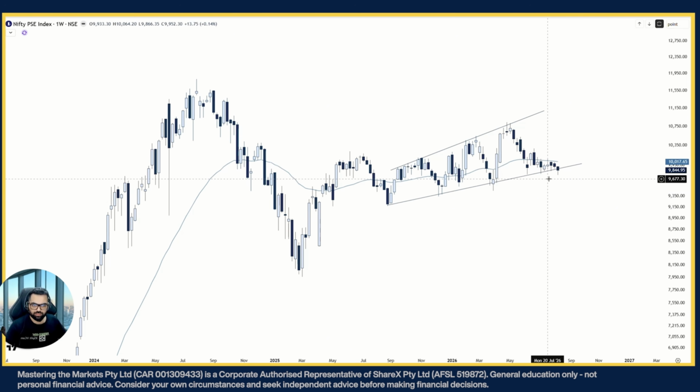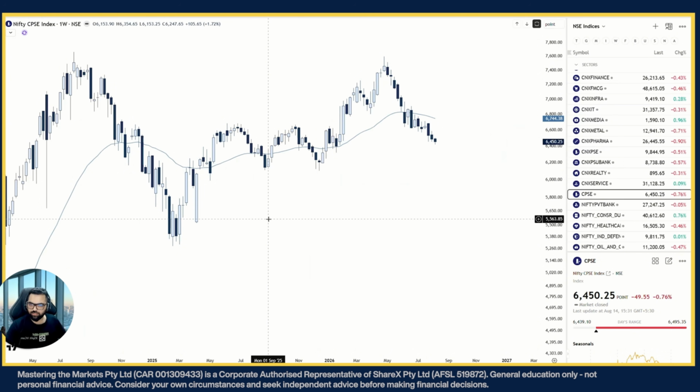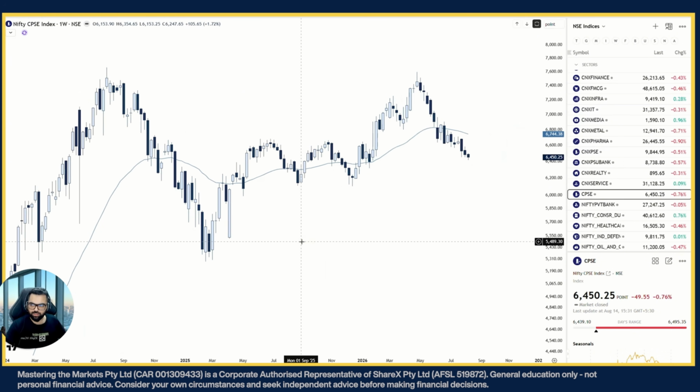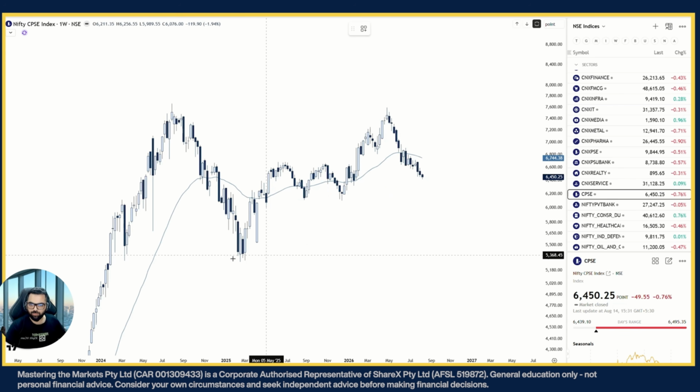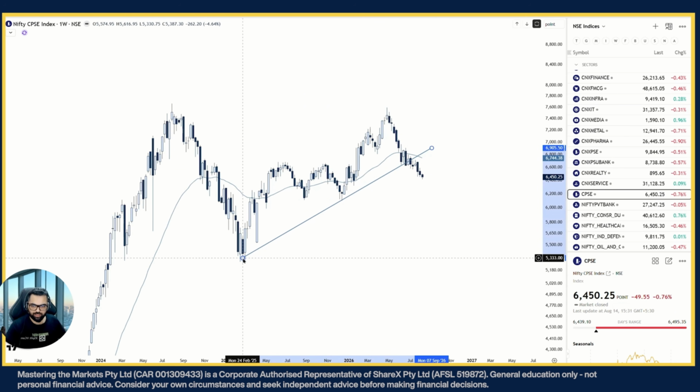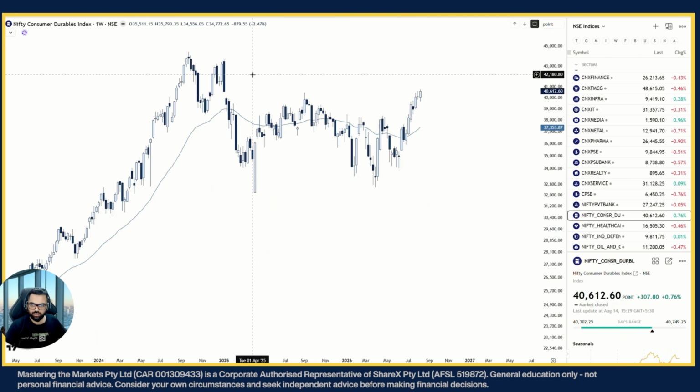So this is not somewhere I would be expecting any outperformance anytime soon. The CPSE is a narrowed-down version of the PSE index itself. So this again makes the picture very clear of what we just talked about on the PSE. Clearly trading below the 40-week and below this trend line. So not an area to focus on for outperformance.